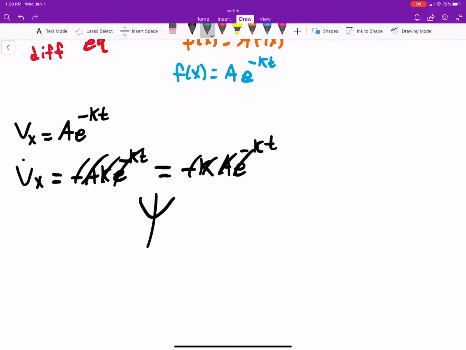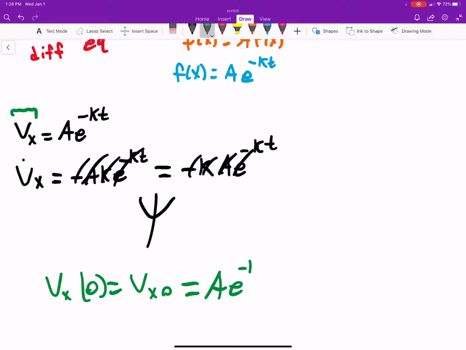Okay, so we just showed that that was, in fact, the solution to the differential equation. And we know that our velocity in the x direction when time is equal to 0 is just vx naught. So vx naught is equal to a e to the 0, because it's minus k times t, which is 0.